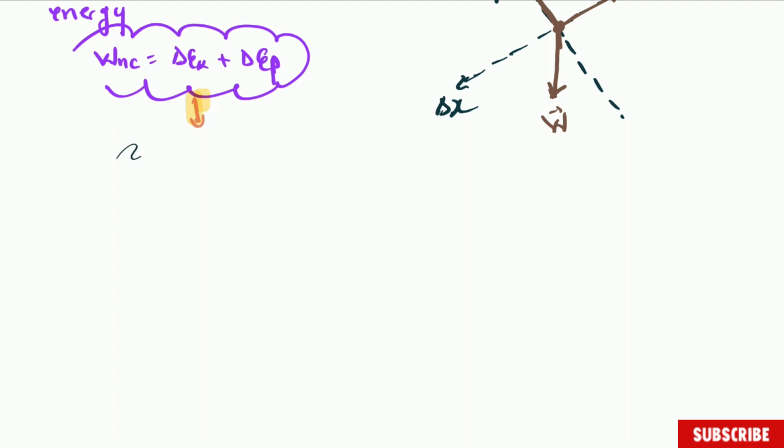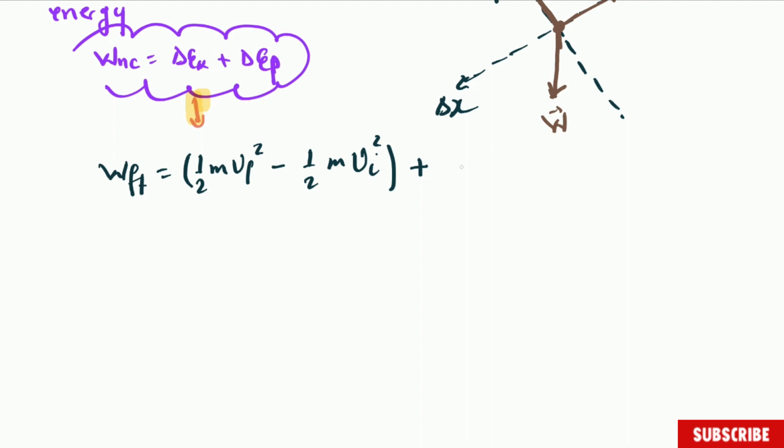So then here we can say that the work done by friction, which is the work done by the non-conservative force, is going to be equal to half mass final speed squared minus half mass initial speed squared. This one is quite long, so I hope it fits on your paper. And this is plus mass g, or acceleration due to gravity, final height minus mass acceleration due to gravity initial height.